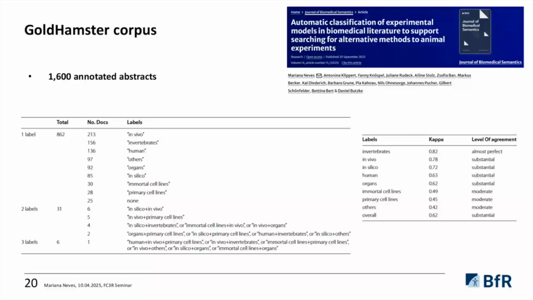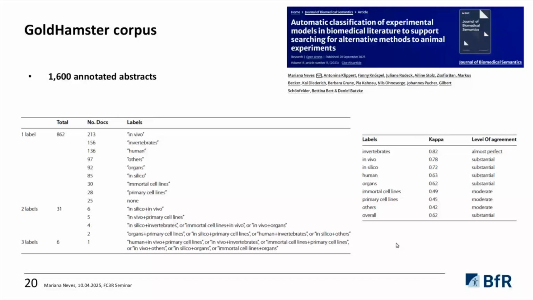So we manually checked, and we have like 13 people, our researchers in our institute doing this annotation, at least 2 or 3 of them per abstract, just had to compare if they had the same opinion. So as I said, we had 1,600 abstracts, and these were the labels that we annotated. So the ones that you saw in the tool previously.